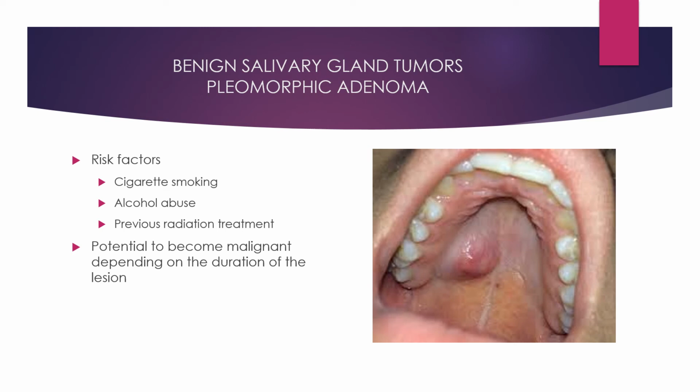So the longer it is not detected, the odds are it may become malignant. The risk factors are smoking, alcohol abuse, and previous head and neck radiation treatment. Please note the location of this particular tumor. Being located unilaterally helps to distinguish it from a torus.